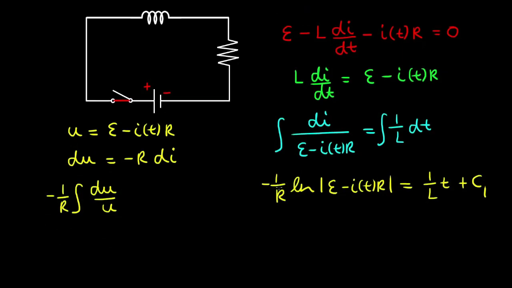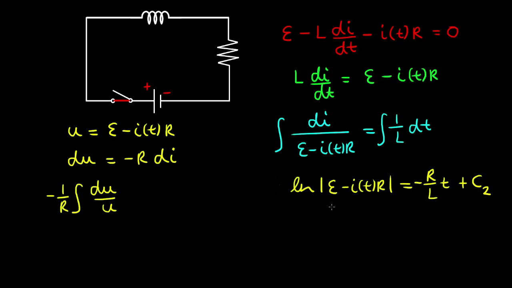If we multiply through by minus R, we get minus R over L times t, and minus R times this constant is just another constant. So we have another constant of integration.